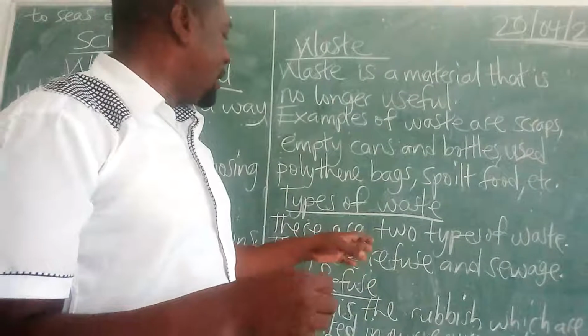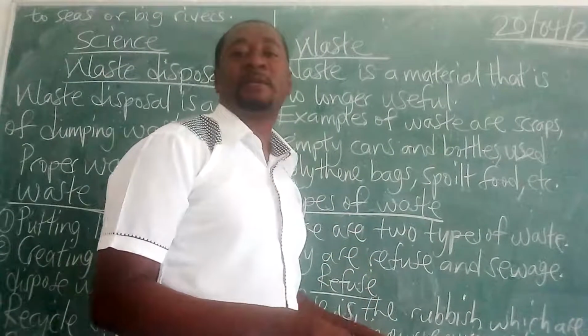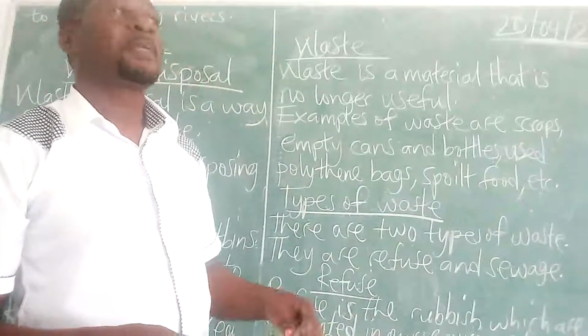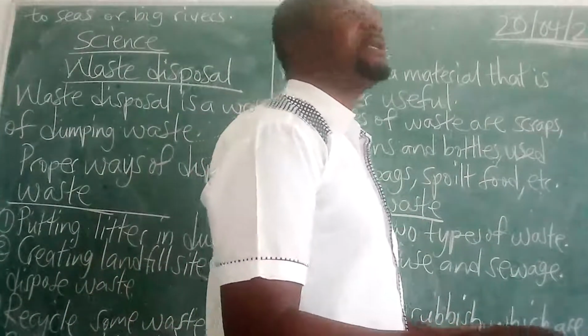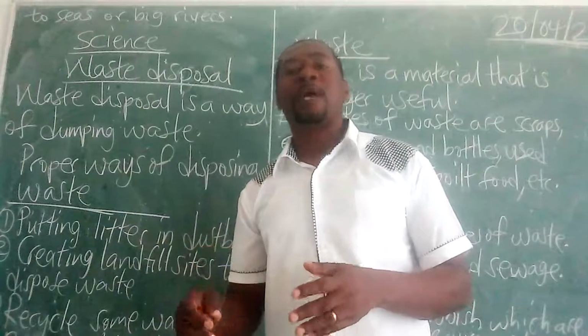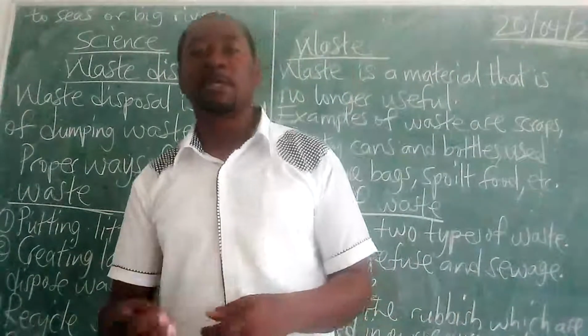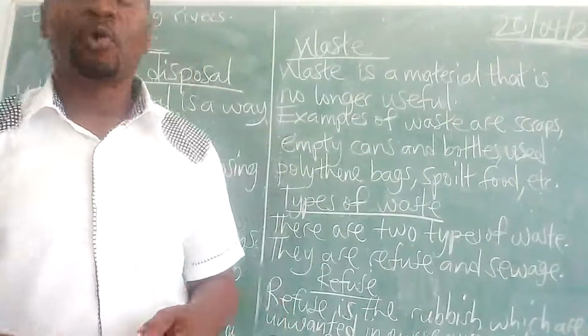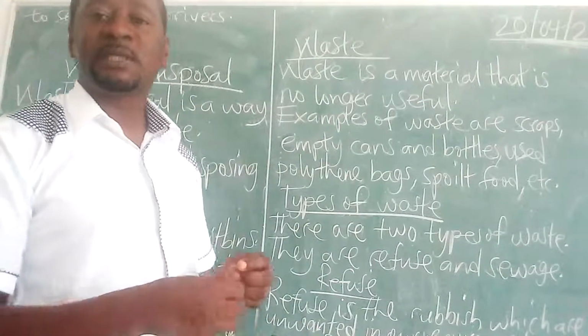So even in doing this, there is a way of disposing it, because we know that if we pass this into rivers, and some villages somewhere are drinking from that river, we are polluting that river. So all these things, there is a way of disposing them.